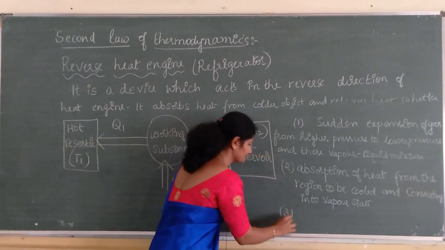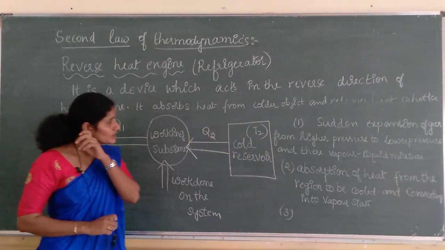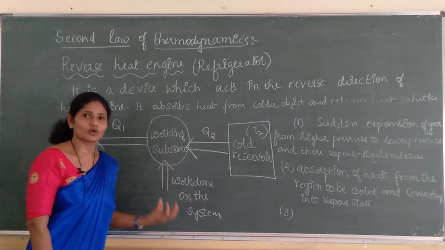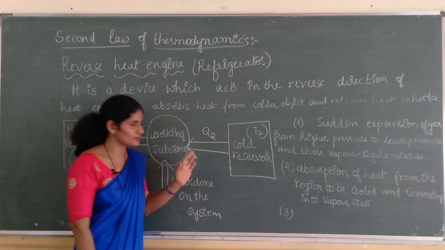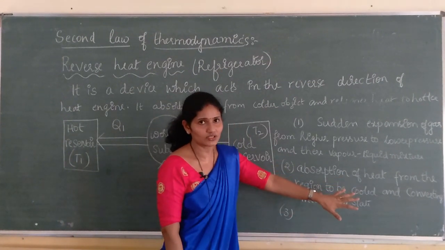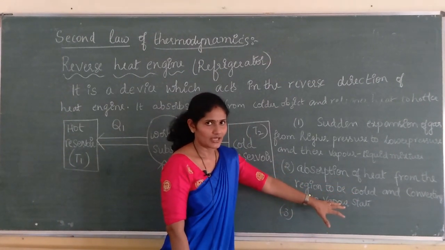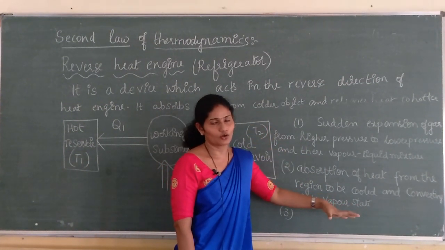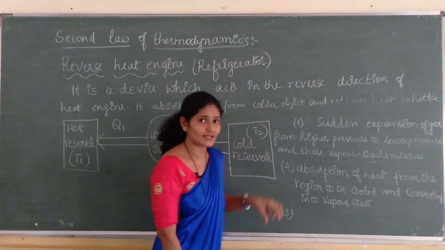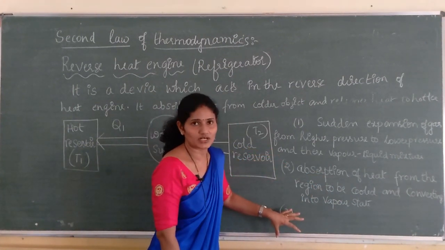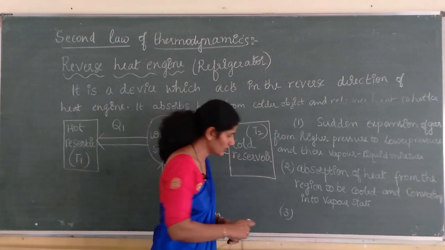Third one is, who is doing the work here? Compressor is doing the work, otherwise it is not possible to reject heat to the atmosphere, absorbing heat from the colder object and releasing heat to the hotter object. It is not possible unless some work is done on the system. Here, in case of refrigerator, compressor is doing work.